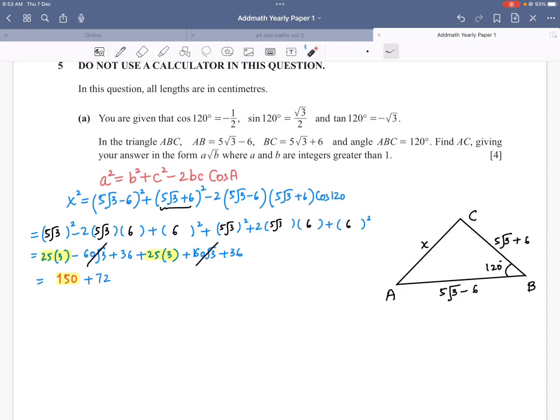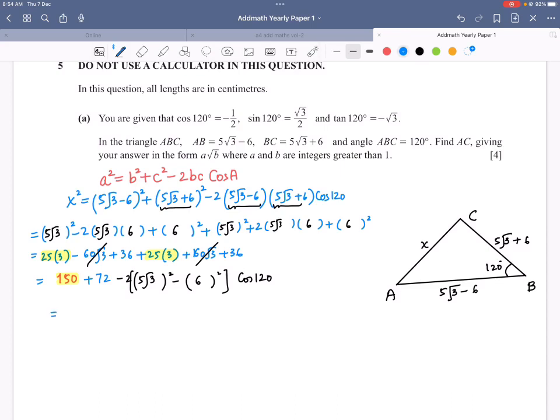So what we had done is these two parts, right? The remaining leftover part I am going to write down as it is here, minus 2. Now 5 root 3 minus 6 and 5 root 3 plus 6 equals a square minus b square, and cos 120 as it is. So what is a? A is 5 root 3 and what is b? B is 6.